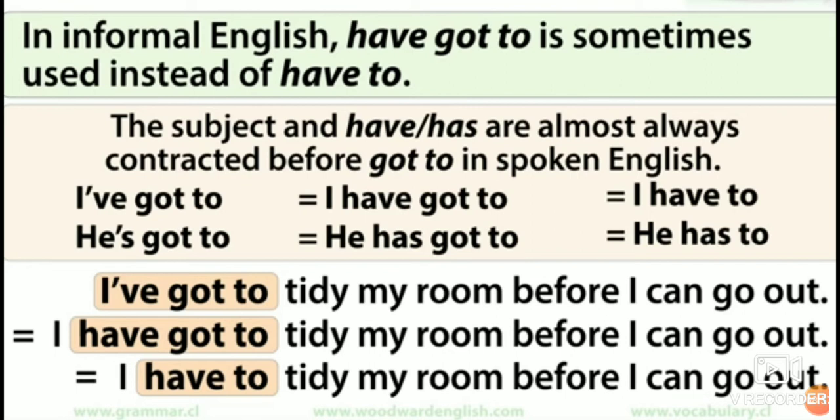Now see these lines. I have got to tidy my room before I can go out. I have to tidy my room before I can go out. So, in informal English, have got to is sometimes used instead of have to.